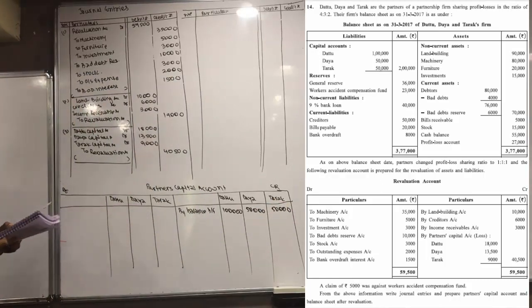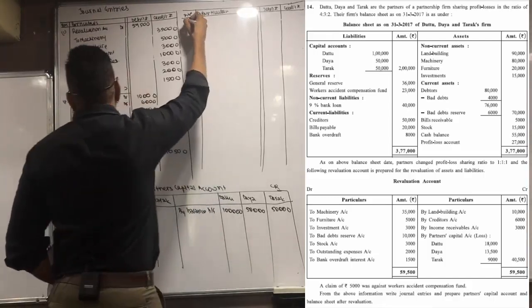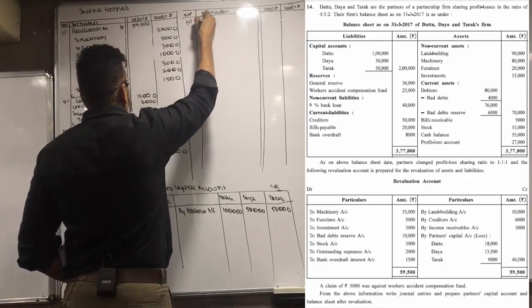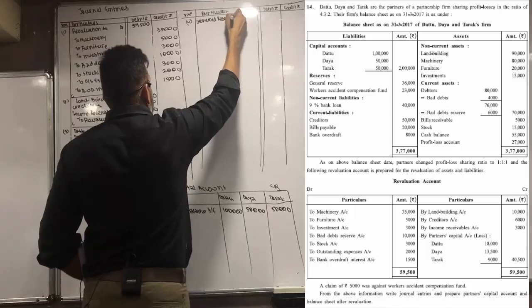General reserve is to be distributed between partners. So we have to write a journal entry. General reserve account will be debited. Write the fourth entry: General reserve account debit 36,000.